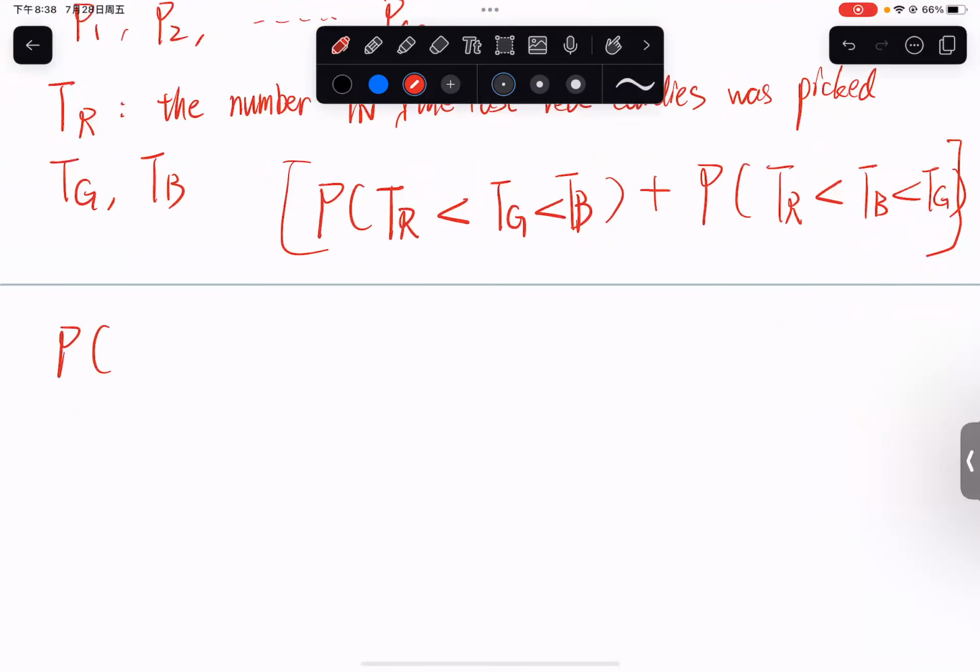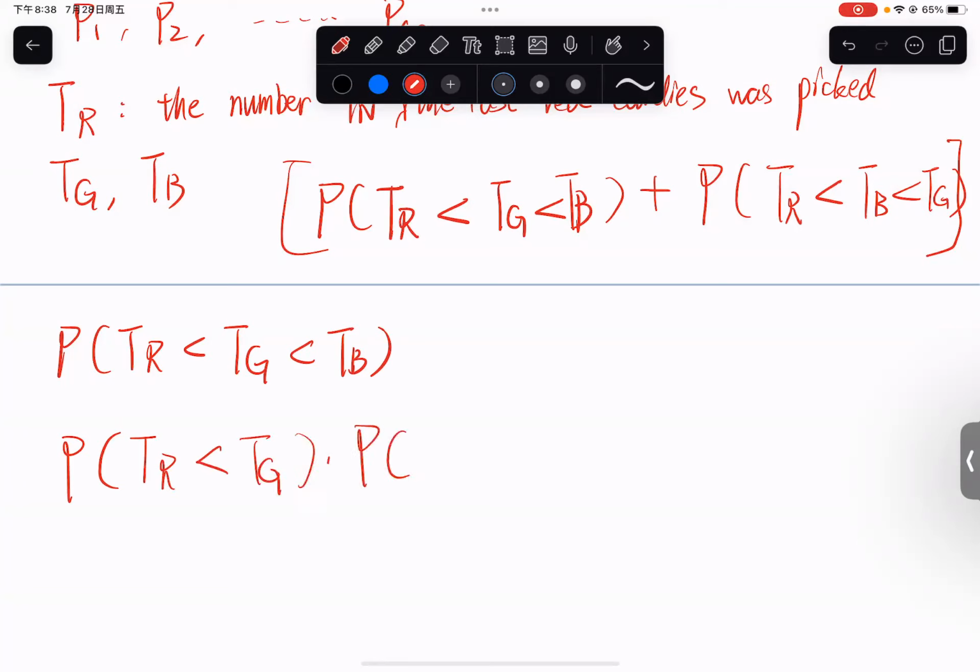This probability, T red smaller than T green smaller than T blue, is going to be the probability T red smaller than T green, multiplied by the probability that blue is the last candy color, right?